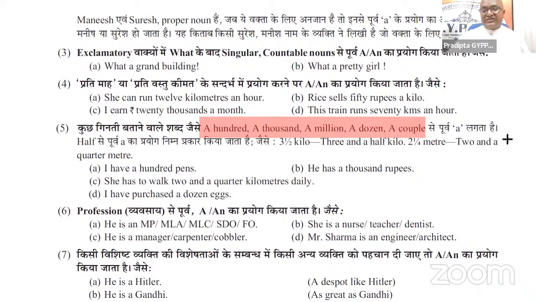Now, before a fraction, when it is part of a mixed fraction, like 3.5, 3.25, 2.25. Clear? So 3.5 kilo rice, 2.25 meter of cloth.